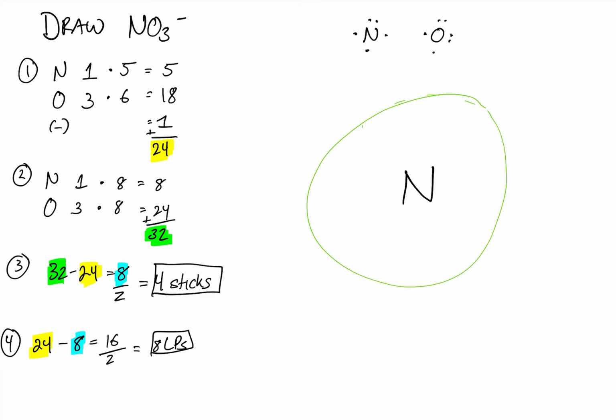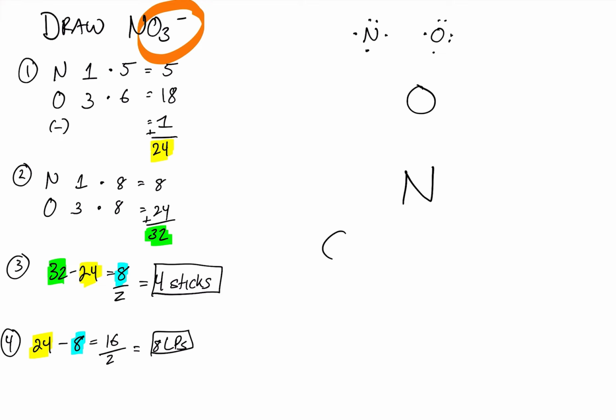If we take a 360-degree circle and divide it by the 3 oxygens that we have, we would get 120 degrees. So we'll put 1 oxygen atom at the top, 1 over here, and 1 over here. And that's about 120 degrees of separation between them.